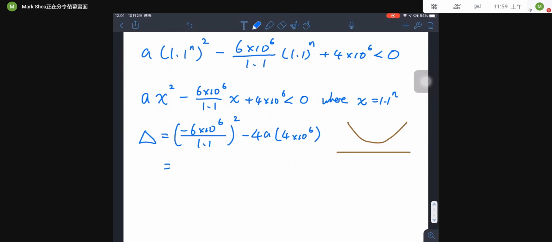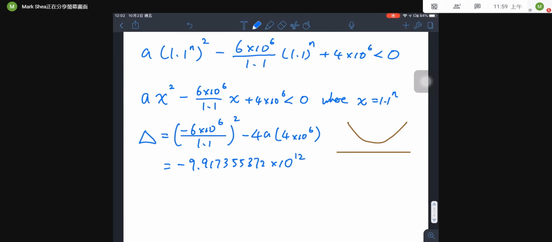After you use the calculator, you can get the delta is equal to negative 9 point, this one times 10 to the power 12.